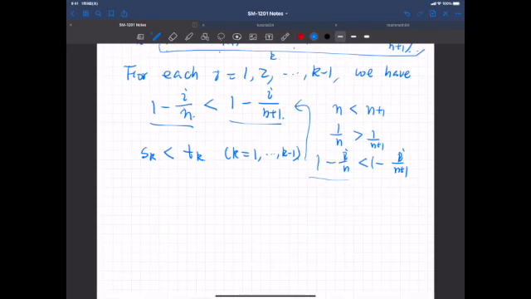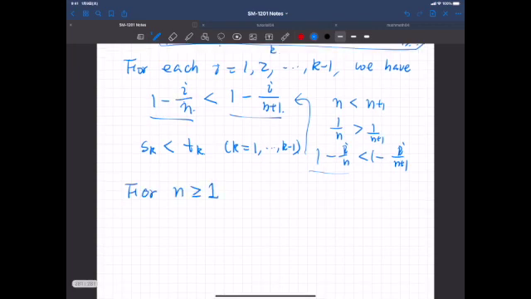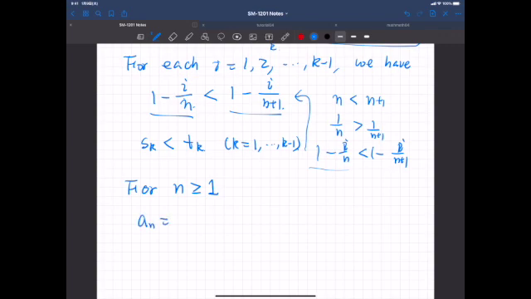So that means for n greater than or equal to 1, we have a_n, which is equal to this binomial expansion, the sum of s_k over k factorial, which is less than this summation up to n. Be careful, this is n, it's not n plus 1 yet, of t_k over k factorial.